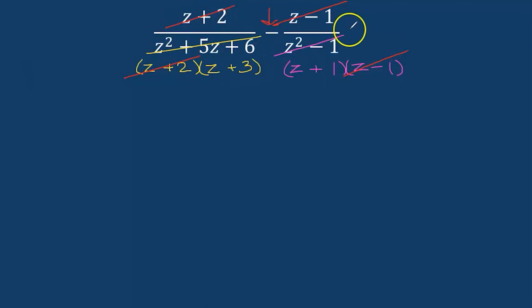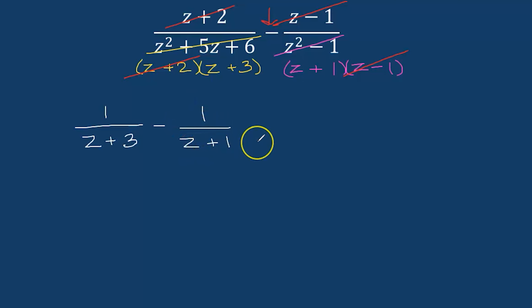So now when we're rewriting this, it's a lot easier. On this side, I have a 1 in the numerator, and I have z plus 3 in the denominator. And I just realized I'm going to need a little bit more room than that in order to find common denominators. Remember that we are subtracting, and over here we have a 1 in the numerator and a z plus 1 in the denominator.